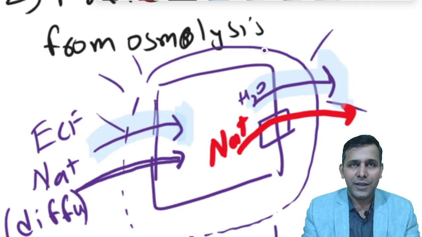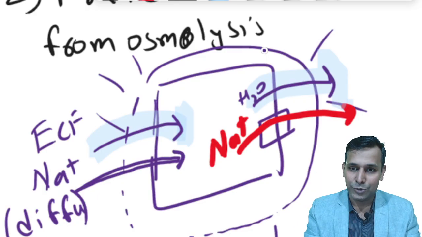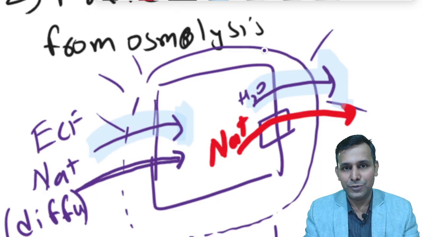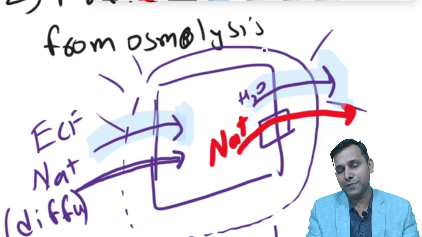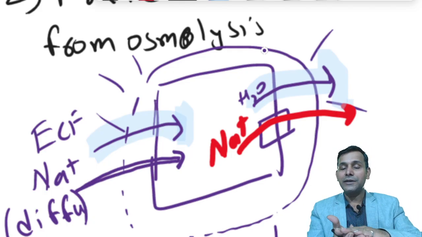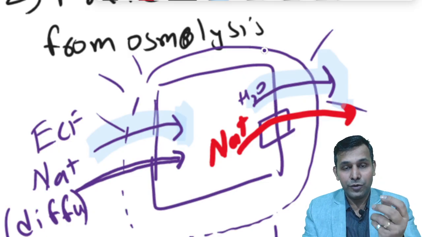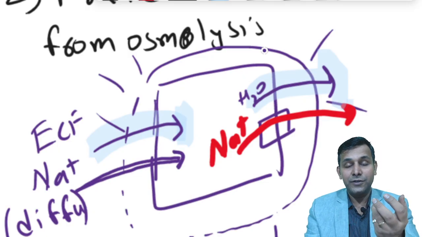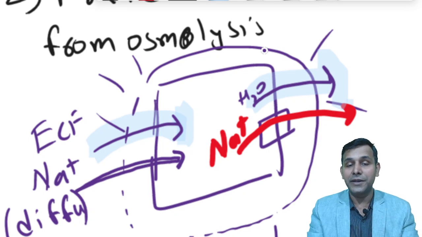Let us have one application example. Say bed sores. One of the causes of bed sores is the lack of activity of the pump. Bed sores are wounds seen in patients who are chronically ill or chronically bedridden.